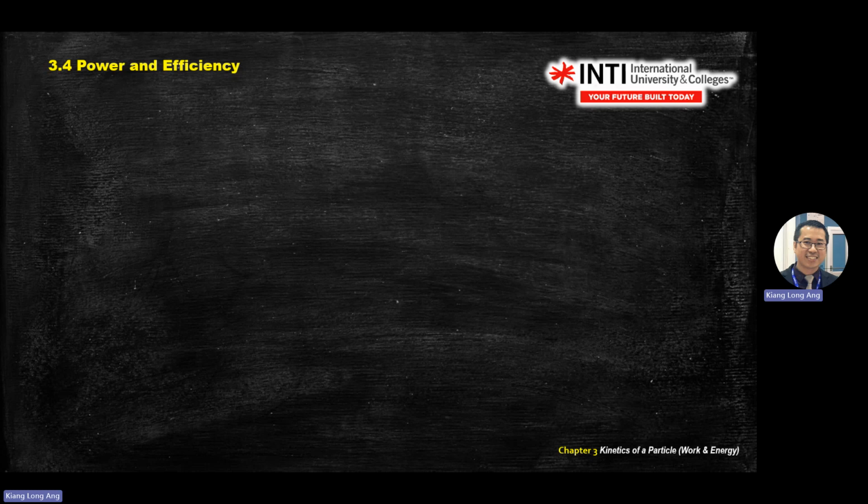F equal to ma, chapter 2? What do you learn in chapter 2?